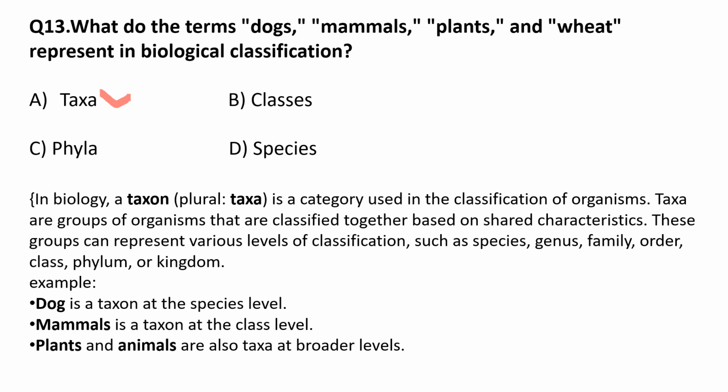These groups can represent various levels of classification such as species, genus, family, order, class, phylum or kingdom. Examples are: dog is a taxon at the species level, mammals is a taxon at the class level, plants and animals are also taxa at broader levels.